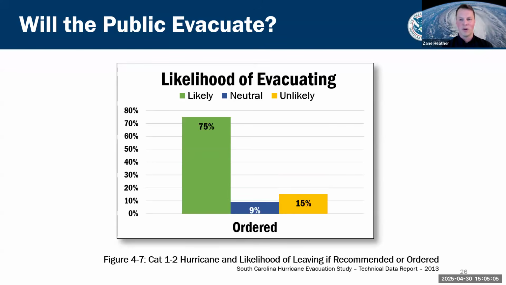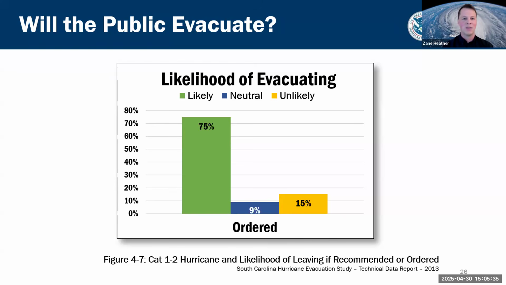So if there is an ordered or mandatory evacuation, based off survey responses, 75% of the participants said they would likely evacuate, 9% said they were unsure or neutral, and 15% said it was unlikely that they would evacuate. So one important takeaway for you all as emergency managers, people that will hopefully not anytime soon, but could be drafting evacuation orders or supporting your elected officials in delivering evacuation orders.